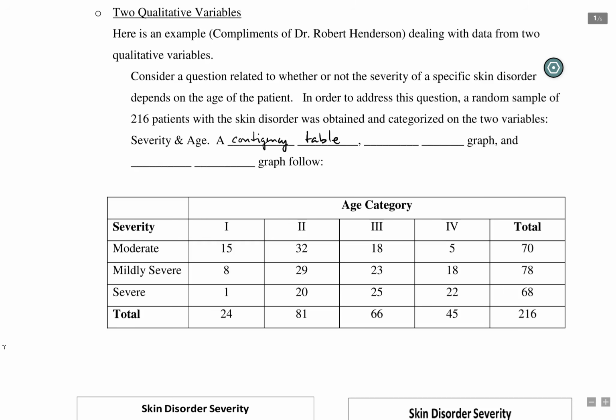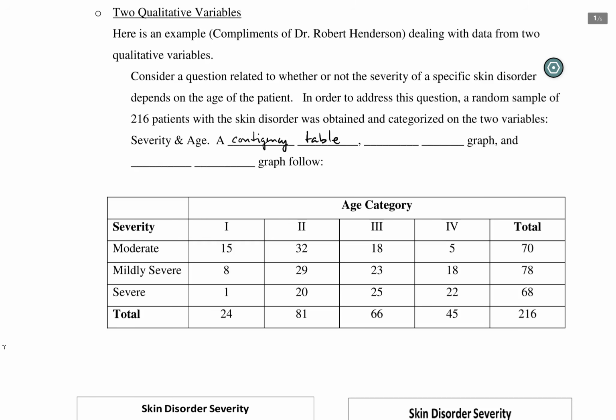So if we look at the contingency table, this 15, the way we think of this number is that there's 15 patients that were in age category 1 and had moderate severity. And age category 2 had 32 in moderate severity, and so forth. There were 70 total patients with moderate severity, 78 with mild severity, 68 with severe as the designation for the severity of the skin disorder.